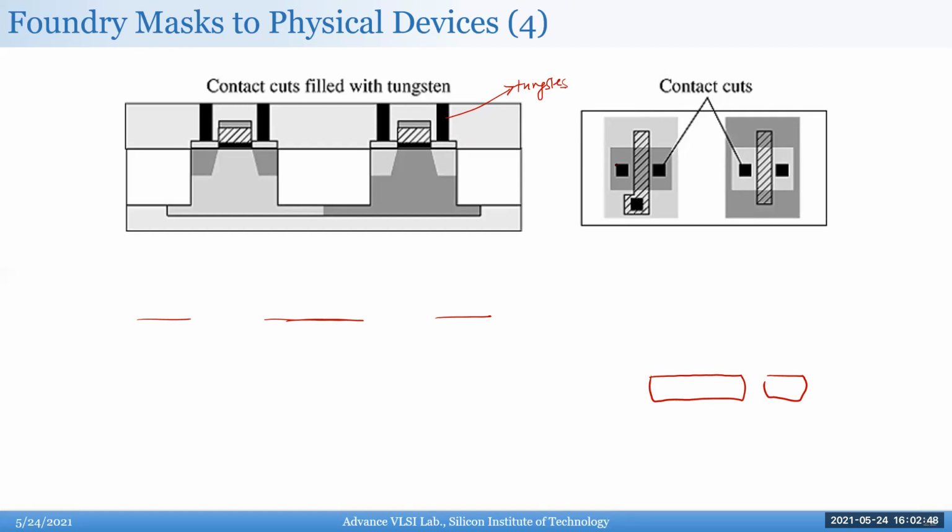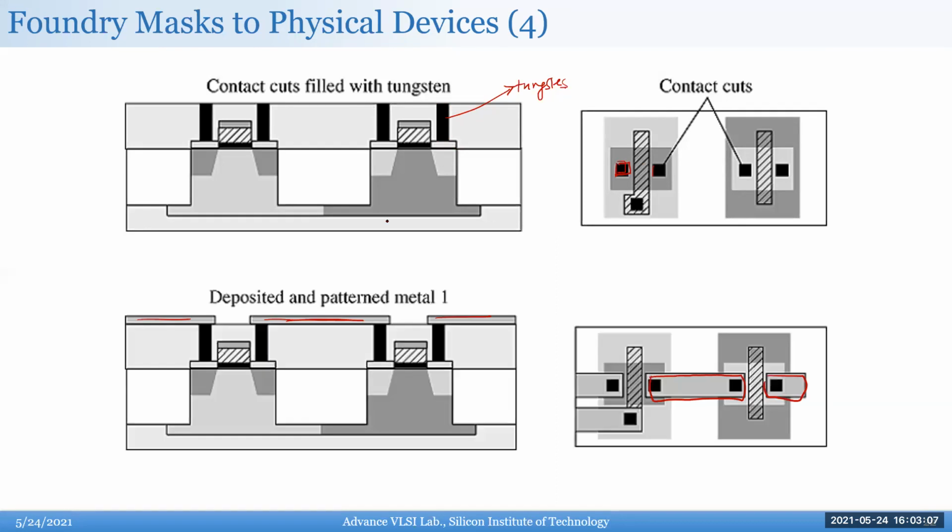So wherever you have the contacts, you take those masks. These are called the via mask. You take those masks and again follow the same process of photoresist and masking, and create holes and fill them with tungsten. And those are what's called your vias, which are going to connect to your next level metal, right? And then after that, you do the deposition of metal.